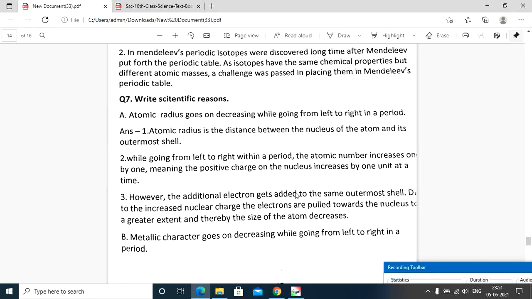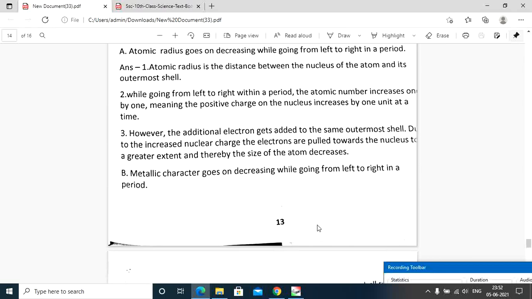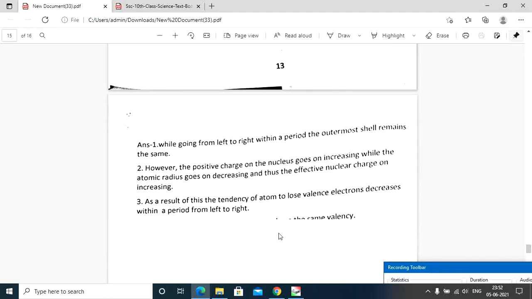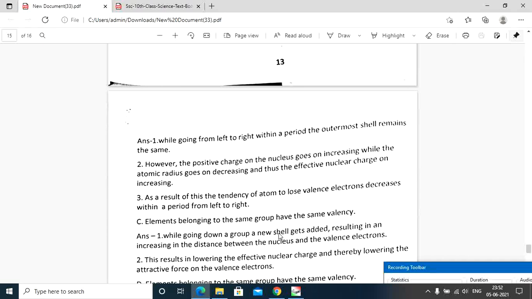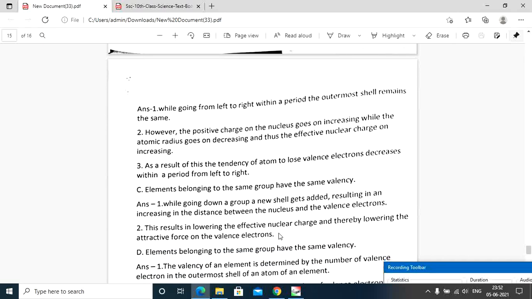However, the additional electron gets added to the same outermost shell. Due to the increased nuclear charge, the electrons are pulled towards the nucleus to a greater extent, and thereby the size of atom decreases. Metallic character goes on decreasing while going from left to right, because you find metals on the left hand side and non-metals on the right hand side.